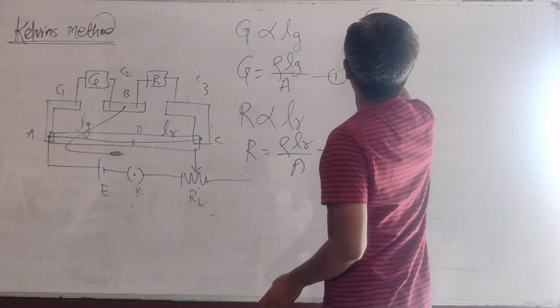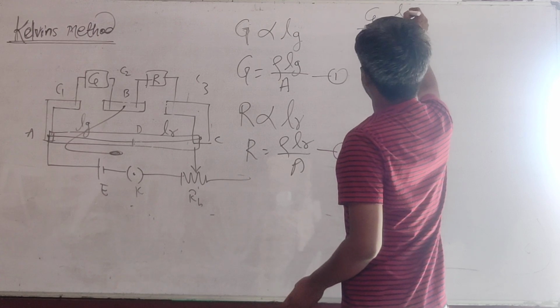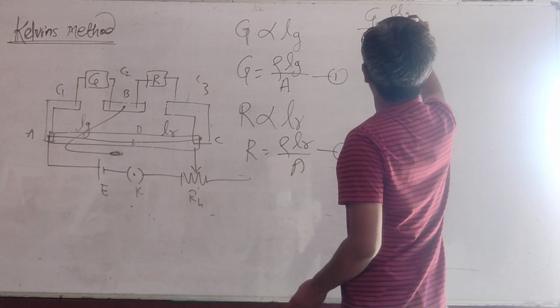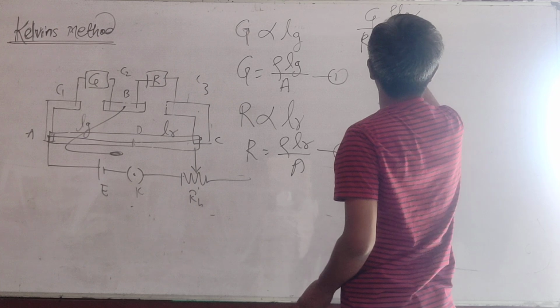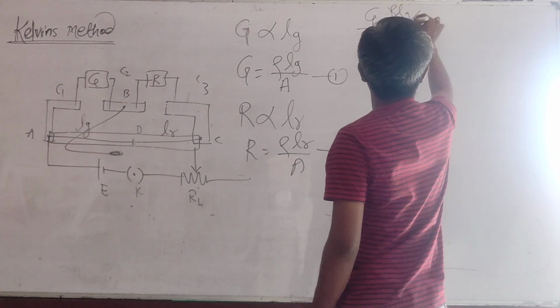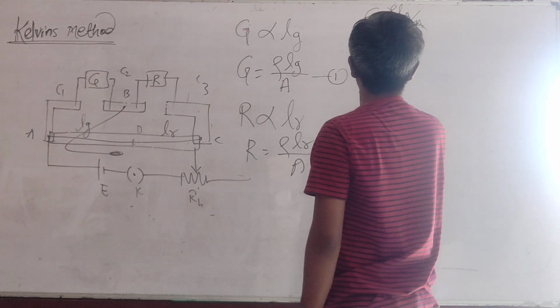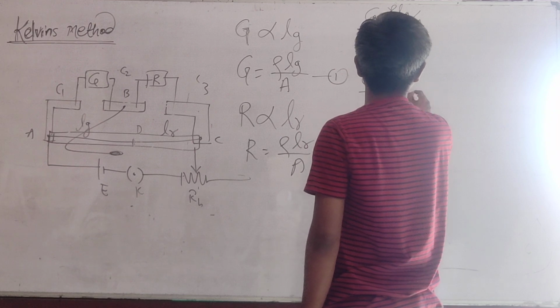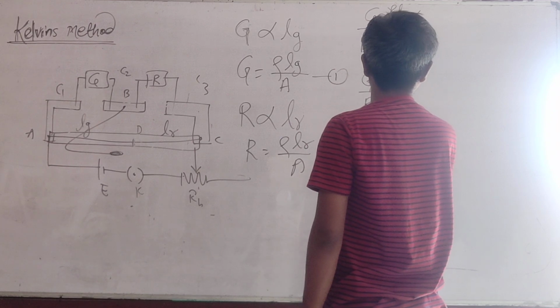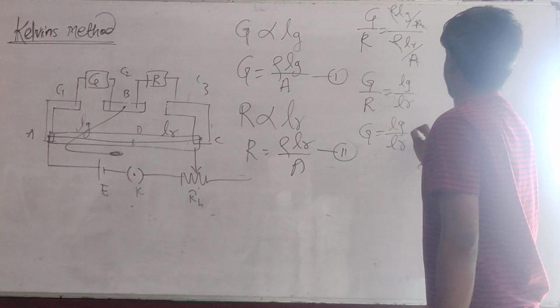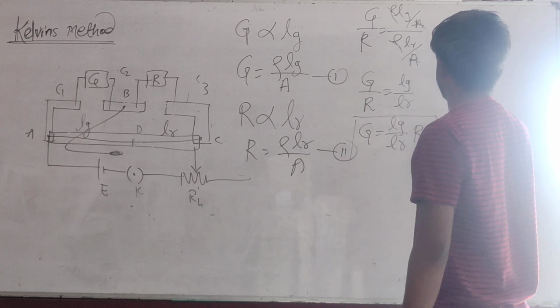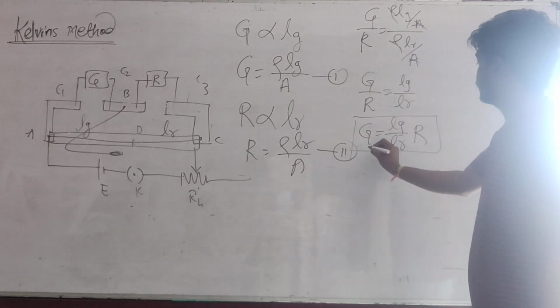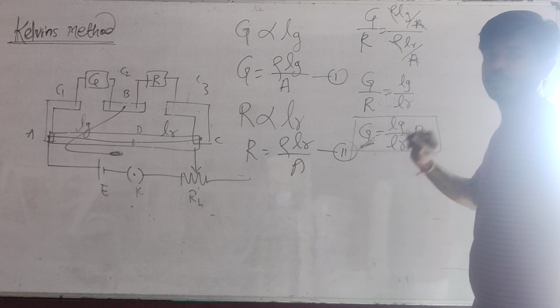Then G by R is equal to rho Lg by A upon rho Lr by A. Rho and A cancel, so G by R is equal to Lg by Lr. That means G is equal to Lg by Lr into capital R. This is the relation of the Kelvin method to find the resistance of the galvanometer.